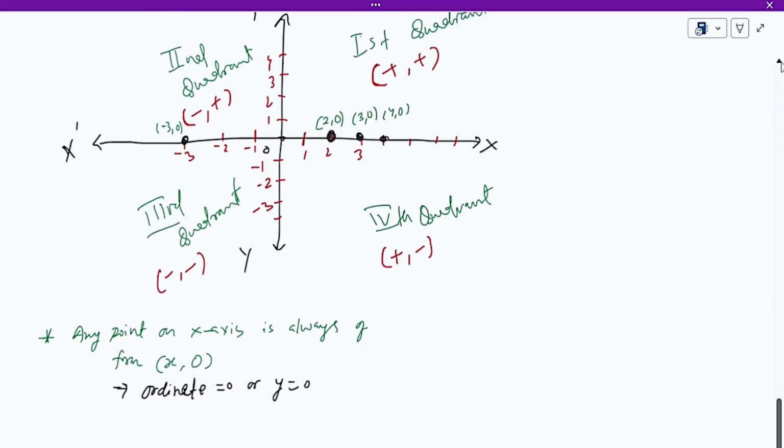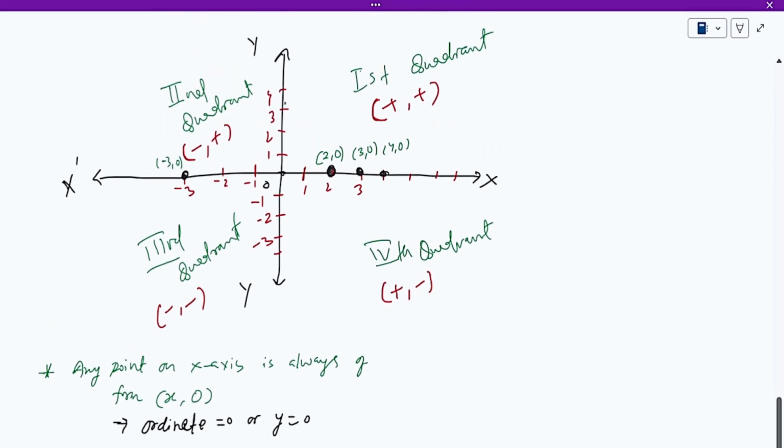Now if I take points on the y-axis, here I have taken a point, here a point, and here a point. Can you tell me the coordinates of these points? Because there is no movement in the x direction, this is 0, and on the y-axis it is 4 units, so 0 comma 4, 0 comma 2, and this is 0 comma minus 2.